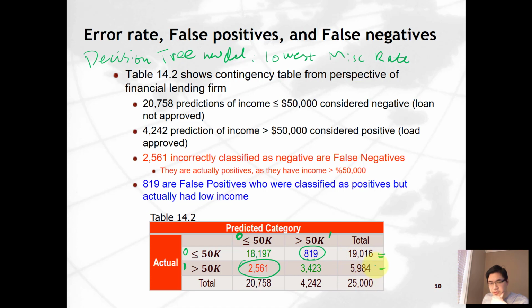So on average, an algorithm will tend to make more classifications of negative or low income earners than positive earners. So it tends to make more mistakes in the sense of the absolute number of mistakes. It will tend to make more mistakes on the false negative cases than the false positive cases, but it doesn't necessarily mean that the likelihood of committing a false positive error is lower than committing a false negative error. You would need to calculate the proportions here. So that's what we're going to do in the next slides.